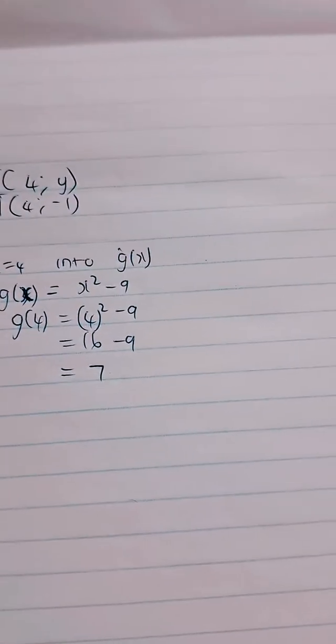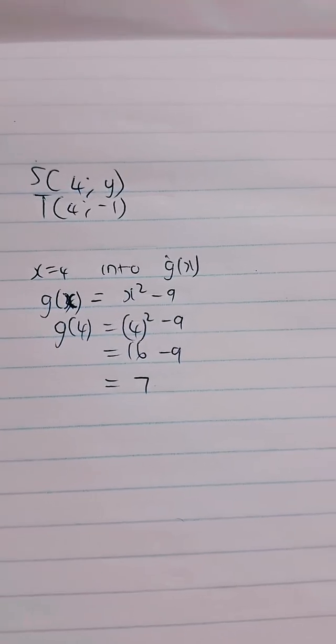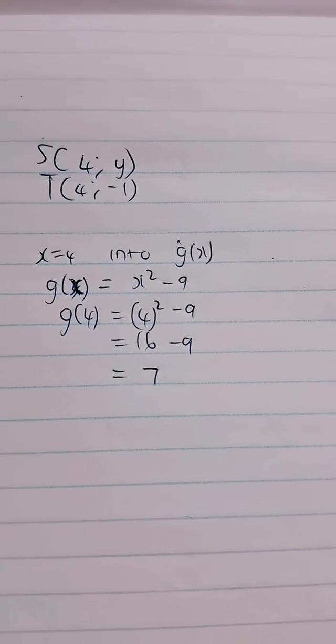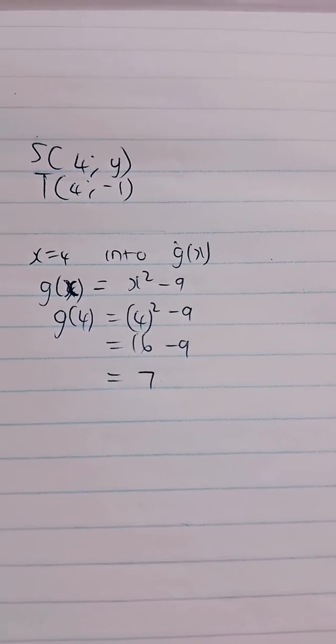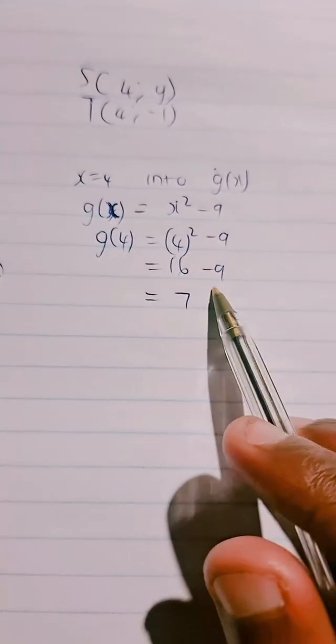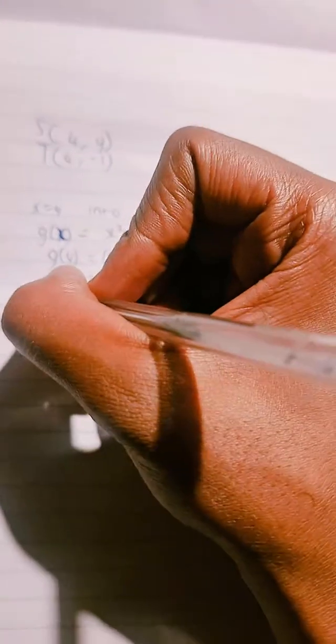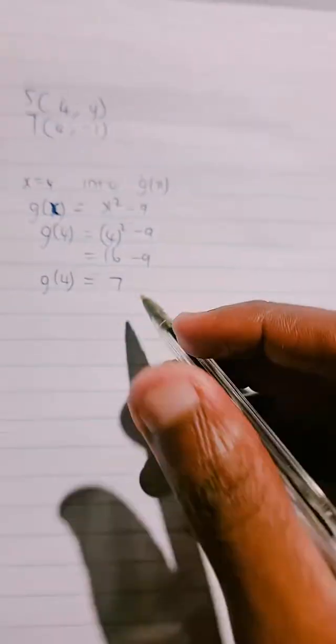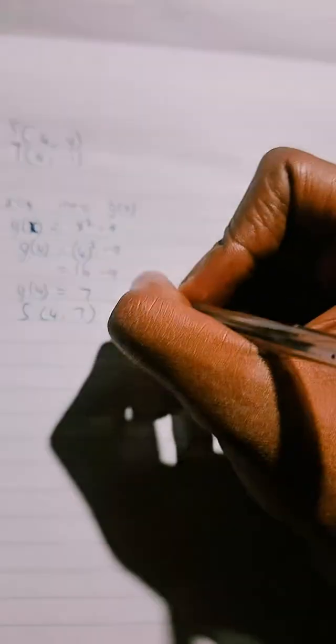Now, even though I see now that S is in the same place as D, I didn't know that just by looking at it. So it's good that I didn't assume. When I calculate 16 minus 9, I get 7. So G of 4 is equal to 7. That means the coordinates of S are actually 4 and 7.